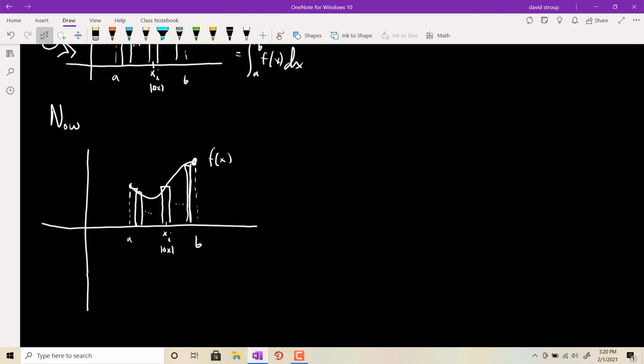But in this case, the rectangles don't represent area. We're not going to think of them in terms of areas. Instead, we're going to think of them as indicating a volume. And the volume of what? It's going to be a cross section.